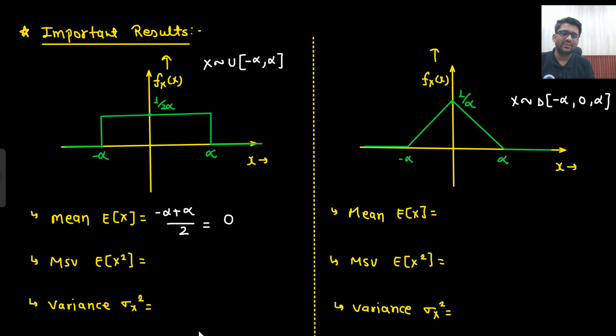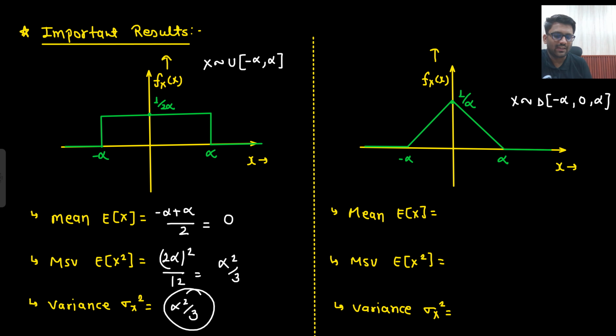Mean was 0. What was the mean square value? Sir, width, 2 alpha square divided by 12, so alpha square by 3. And what was the variance? The same thing, right? Actually, this was not the mean square value, this was actually the variance. Really sorry guys.